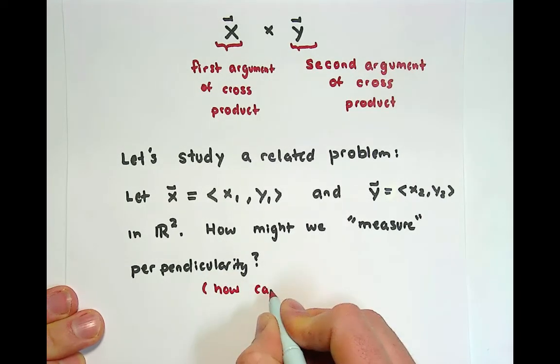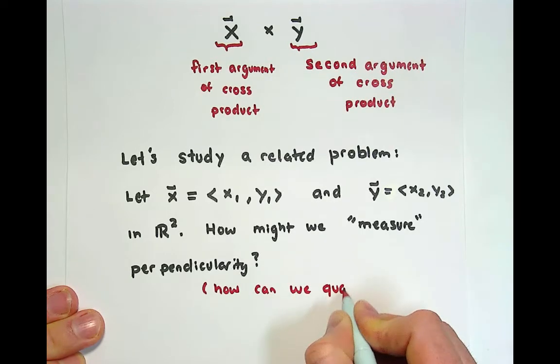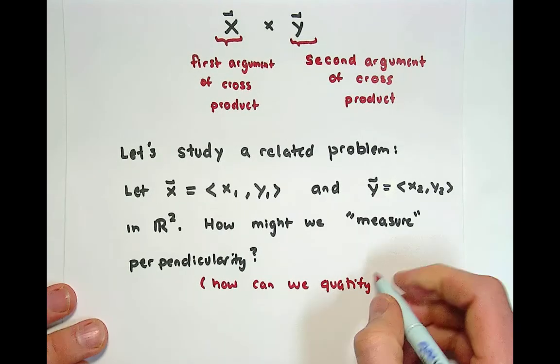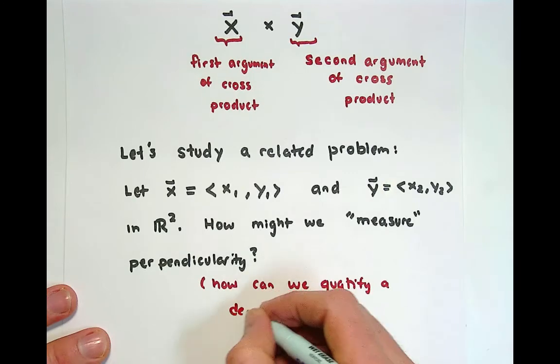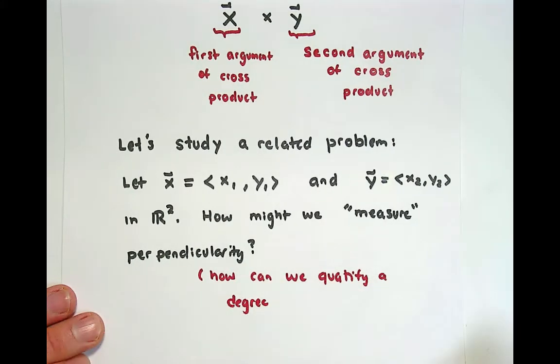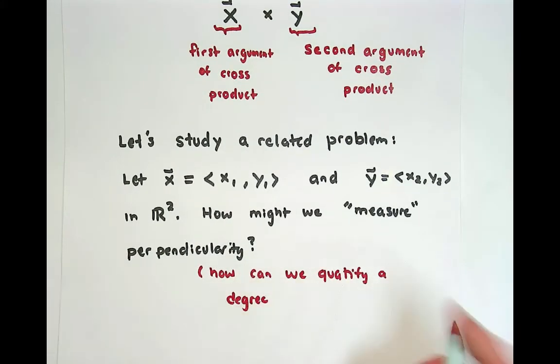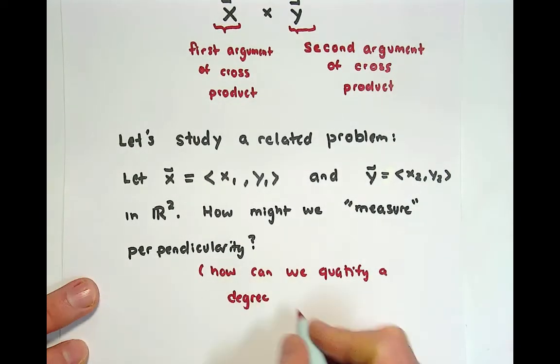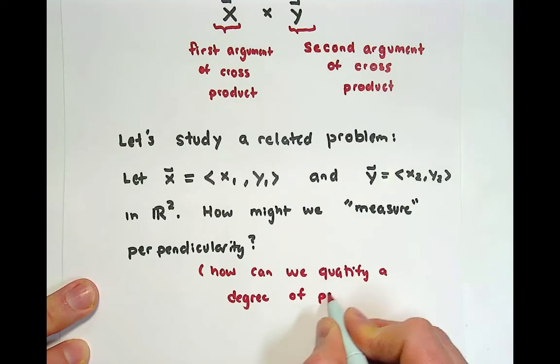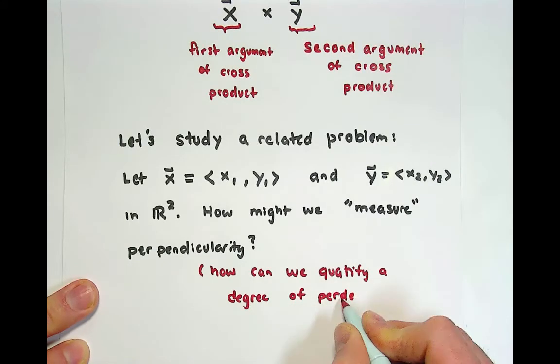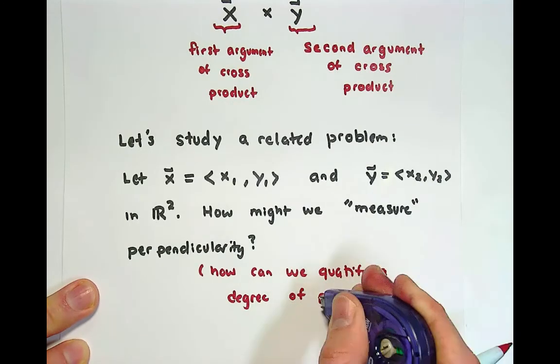How can we quantify a degree, some sort of really, really perpendicular or not at all perpendicular, of perpendicularness? And I can't help myself.